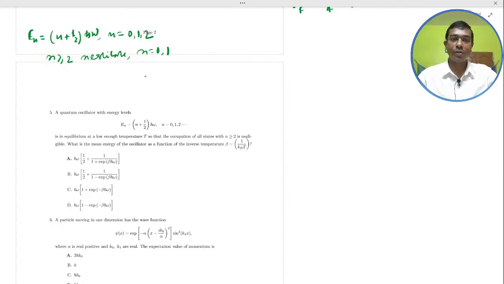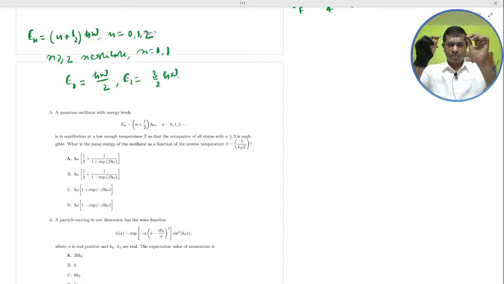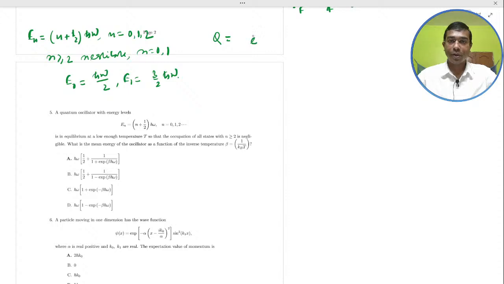So E0 is h cross omega by 2 and E1 is 3 by 2 h cross omega, by the given statement. So for the average energy, you should calculate the partition function. The partition function is Q equal to exponential minus beta E0 plus e to the power minus beta E1.